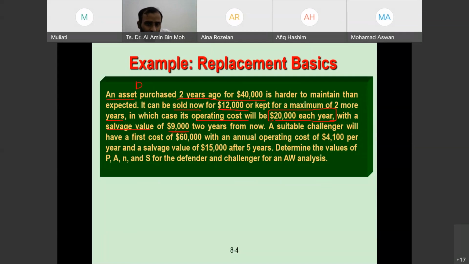Okay, so now comes the Challenger. A suitable Challenger, the alternative for replacing this asset, will have a first cost of 60,000.